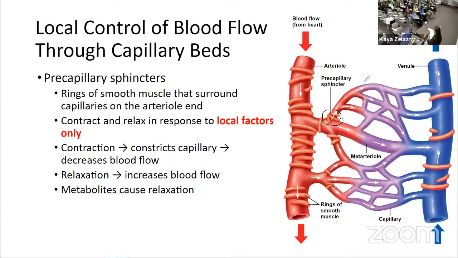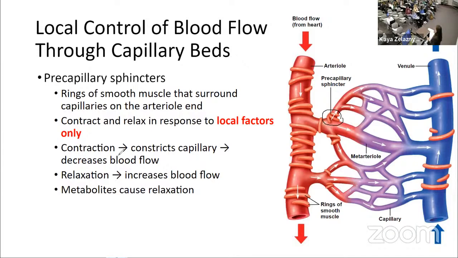Now, these are only responsive to local factors. We talked about the types of things we mean when we say local factors. That would be things like the reaction to oxygen and carbon dioxide concentrations in the surrounding tissue that we talked about when we were comparing active hyperemia and reactive hyperemia. So here we can see that our metabolites, like excess carbon dioxide, which is a waste product from respiration, would cause relaxation of the smooth muscle of that precapillary sphincter.